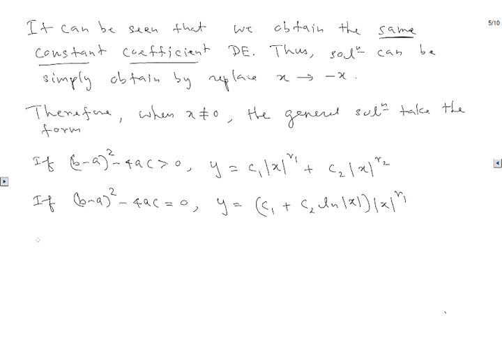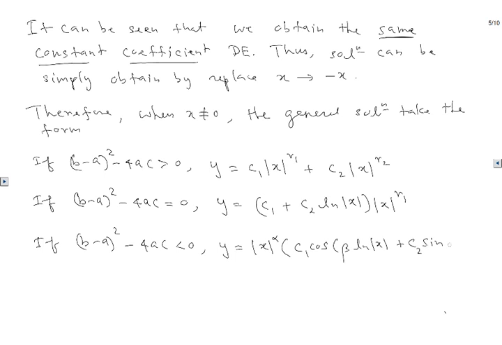And if b minus a squared minus 4ac is negative, you get y equals absolute x to the alpha, again with absolute value because x can be positive or negative, times c1 cosine beta ln absolute x plus c2 sine beta ln absolute x.